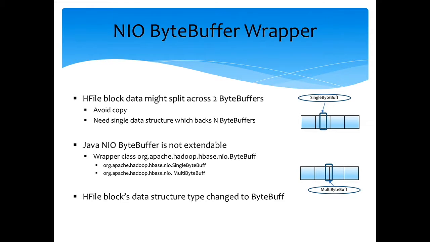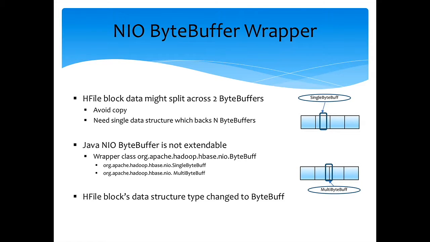If Java had provided us that option, we need not have created the wrapper called ByteBuff. The name is BYTE-BUFF, just to avoid conflict with the Netty ByteBuf. This wrapper class creates 2 types of byte buffer: one is called SingleByteBuff, and the other is MultiByteBuff.